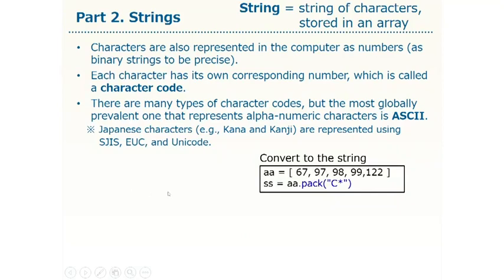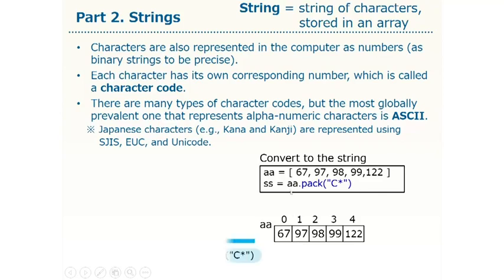Similarly, we have a method for converting a sequence of numbers to the corresponding sequence of characters, that is a string. Consider now these two statements. The first line is to define an array AA as an array of integers, these integers. By executing this statement, one array called AA is created.